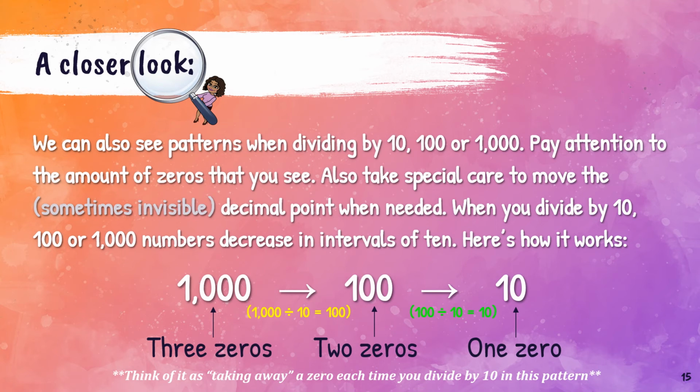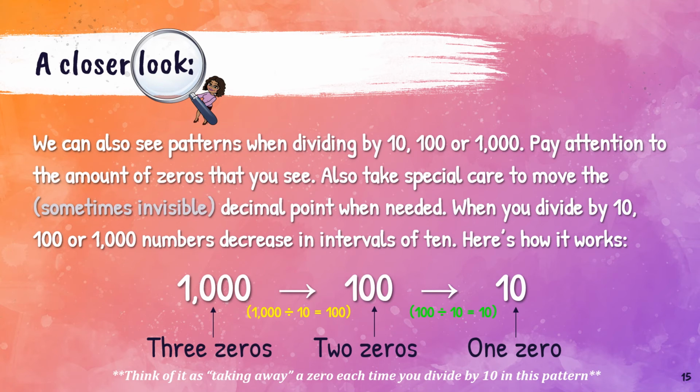Here's how it works. We have 1,000, which has three zeros, would be decreased to 100, which has two zeros, which will then be decreased to 10, which only has, that's right, one zero. This is because every time we move, we are dividing by 10.